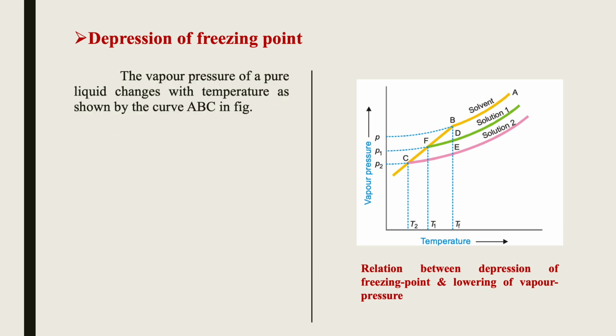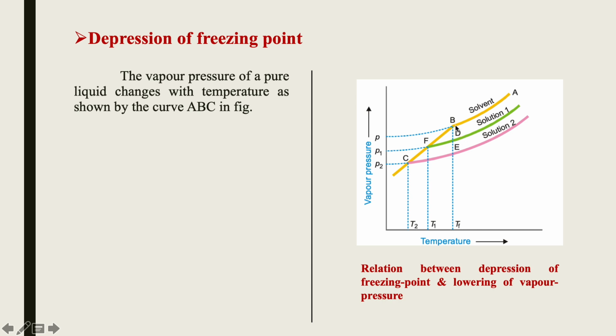So the vapor pressure of a pure liquid changes with temperature as shown by the curve ABC. As you go down, as you reduce the temperature, at one point you will find this point B, that represents the freezing point of that solvent.